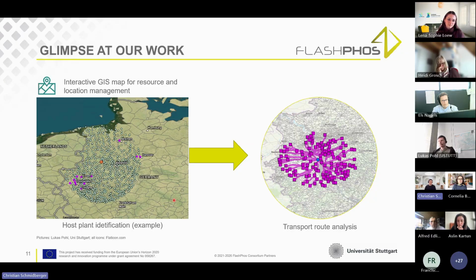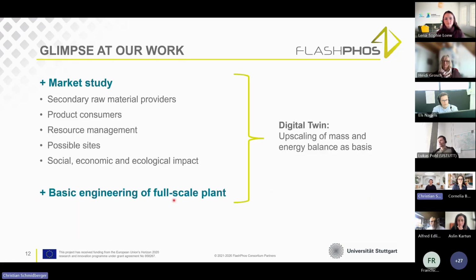and therefore, to get to the required numbers, he used the digital twin as well. So we did a market study accounting the resource management and, as I mentioned before, a basic engineering of the full-scale plant.